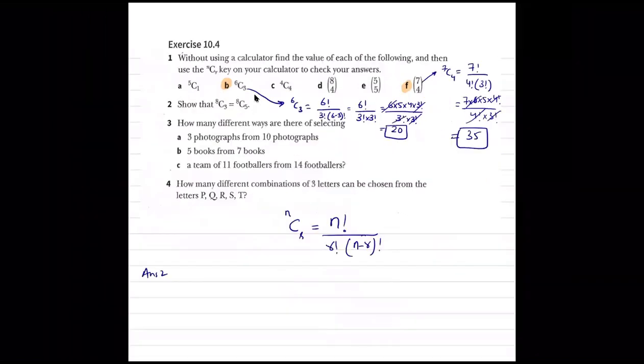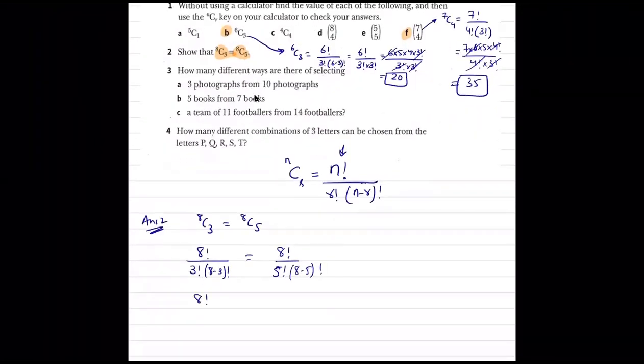For question 2, you need to show that 8C3 is equal to 8C5. Now you can only show this through this formula. 8C3 is equal to 8C5 because 8 factorial upon 3 factorial times 8 minus 3 factorial is equal to 8 factorial upon 5 factorial times 8 minus 5 factorial.